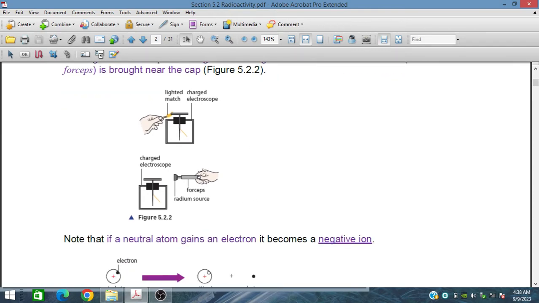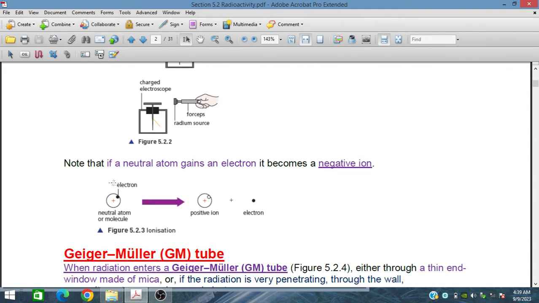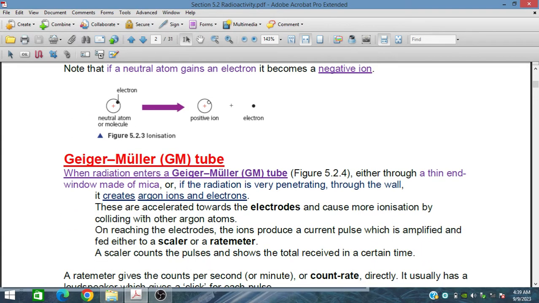So it means that there are some charged particles. Note that if a neutral atom gains an electron, it becomes a negative ion. Similarly, if an electron is emitted from a neutral atom, it becomes a positive ion.